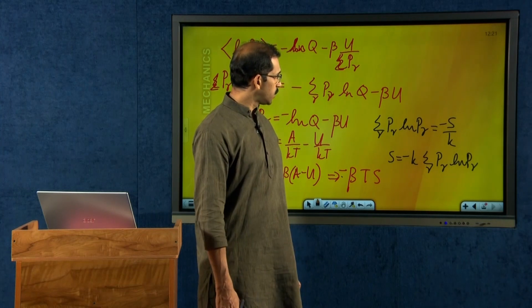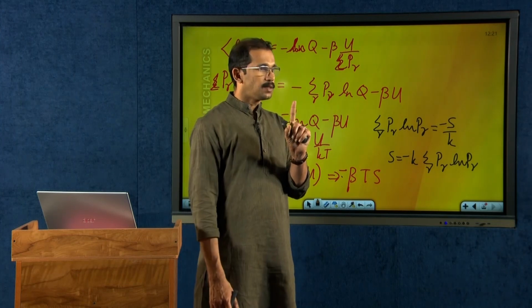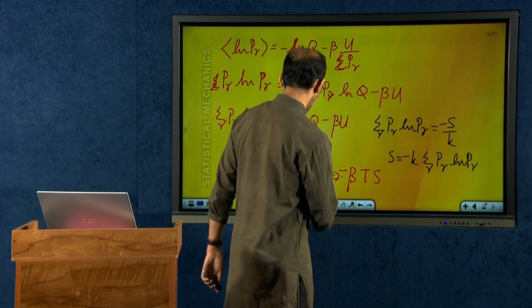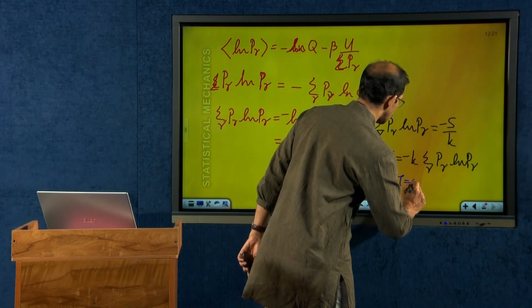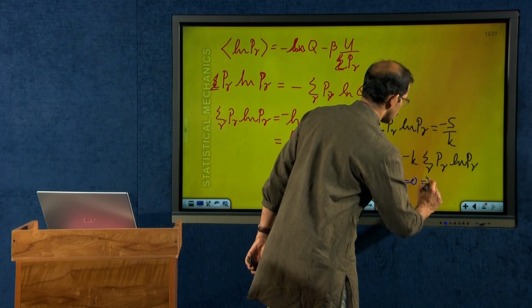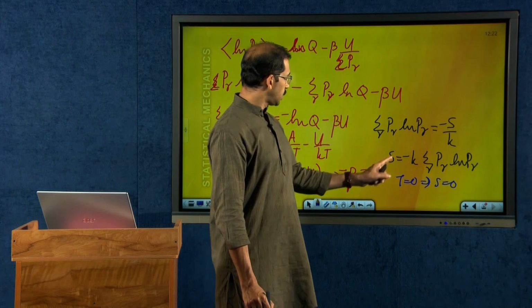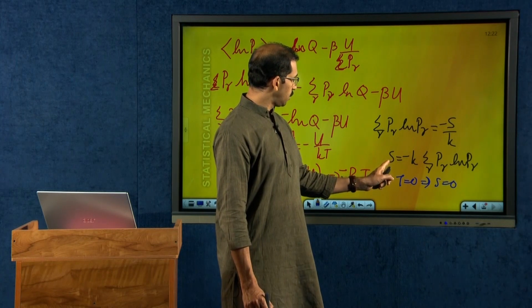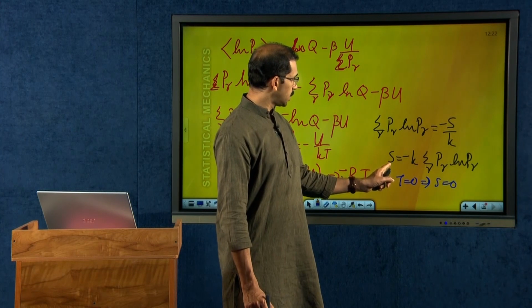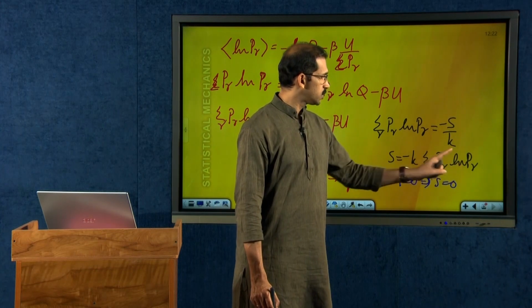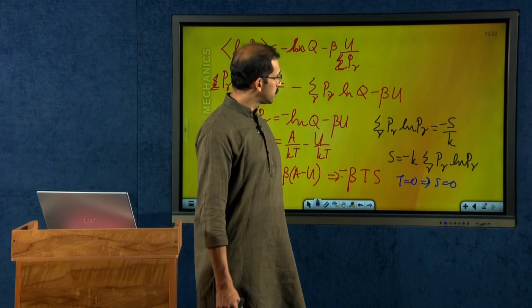And another significance is this: at temperature T equal to 0, how will the system behave? At T equal to 0, I know that my S should be equal to 0. Which means that if the left hand side S should be equal to 0, then my ln P_r should be equal to 0. At what condition will ln of any quantity be 0?